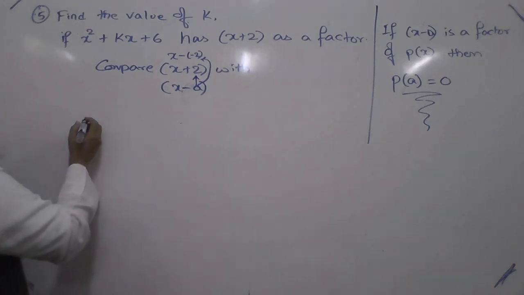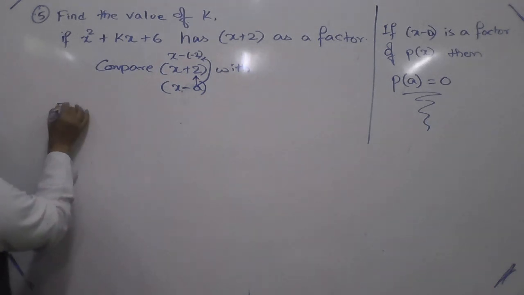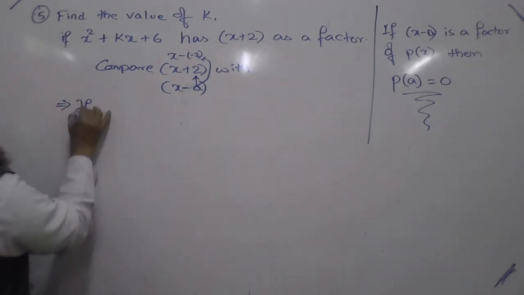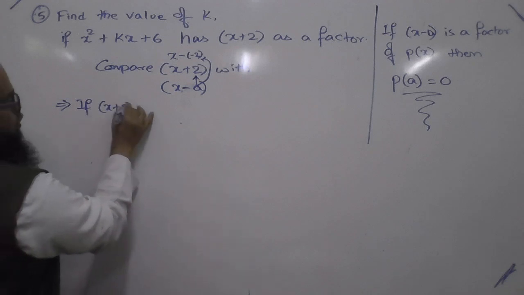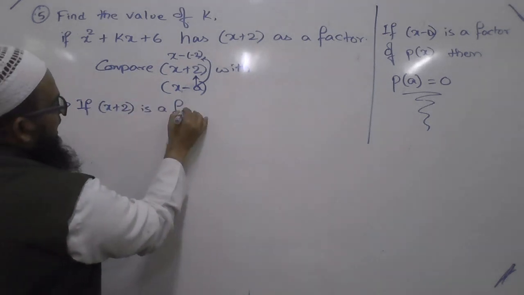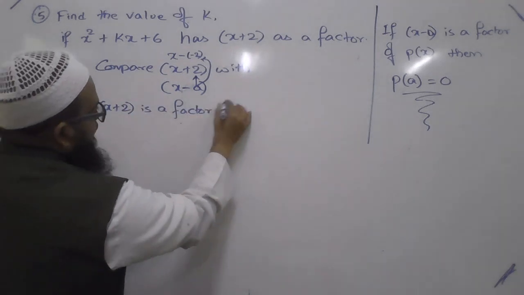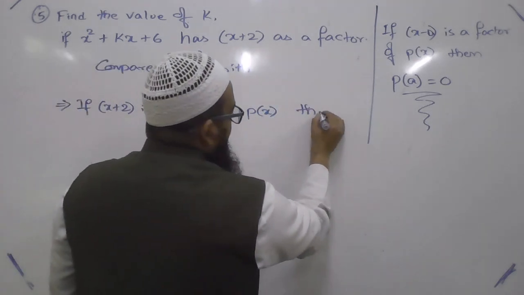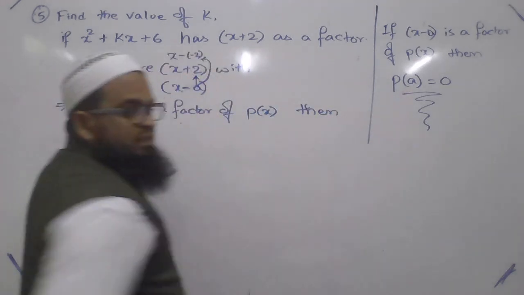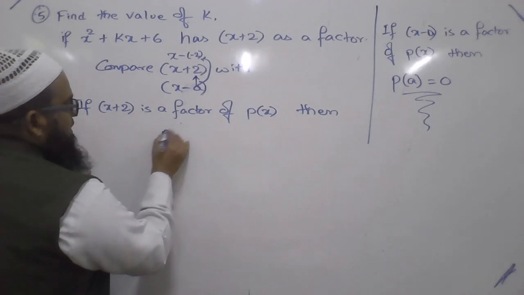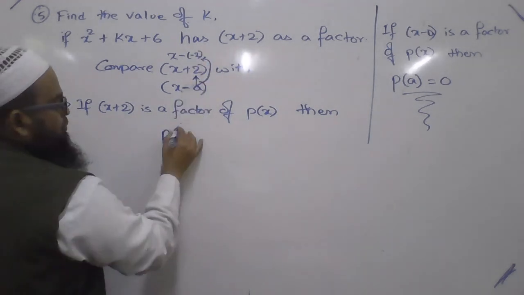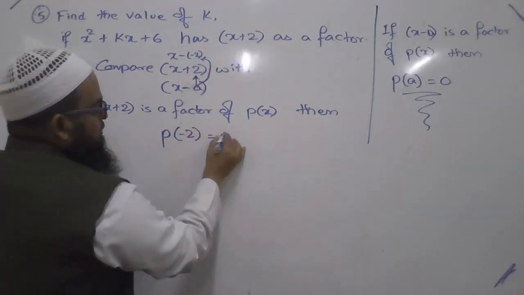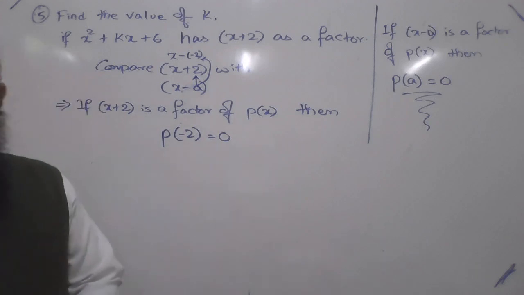Is it right? So that implies, if x plus 2 is a factor of p of x, then p of a is equal to 0. So here what is a? Minus 2. P of minus 2 is equal to 0 according to the factor theorem.